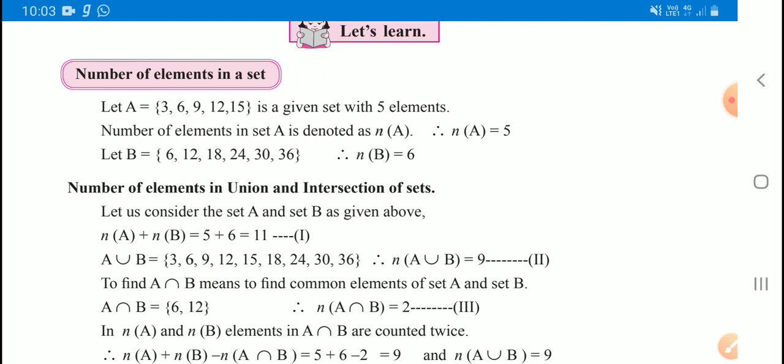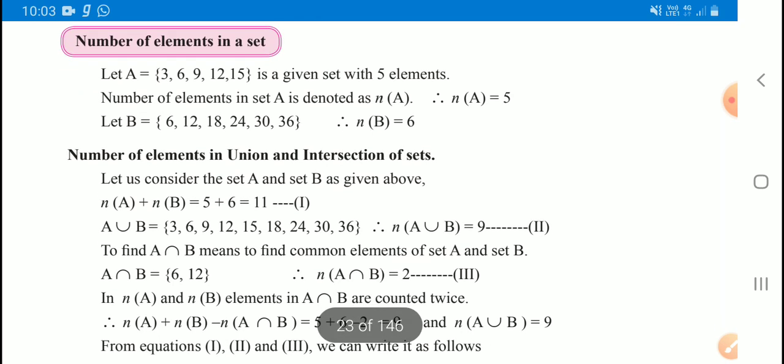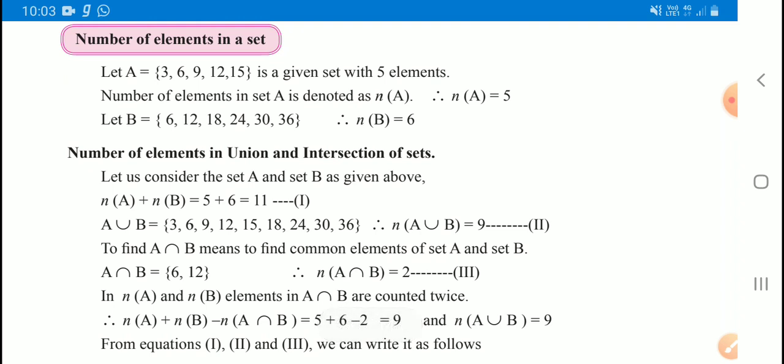So n of A, the number of elements in set A, is equal to 5. Again, they have given the set B: 6, 12, 18, 24, 30 and 36. If you count these elements, there are 6 elements in this set. So n of B is equal to 6.